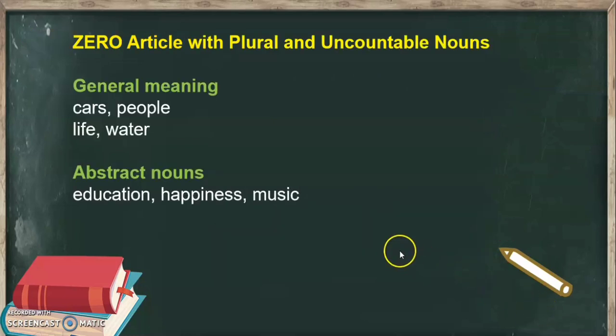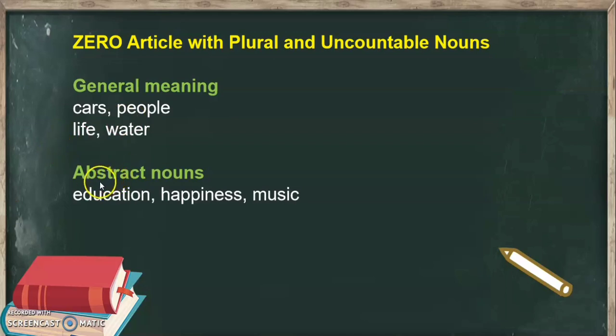Zero article with plural and uncountable nouns. Here we have general meaning. We have cars, people, life, water. Cars and people are both in plural form. Many cars, people. We don't really need an article for these because they are in plural form.